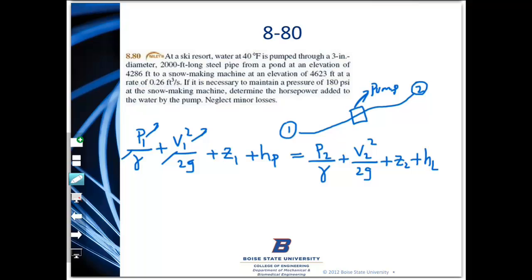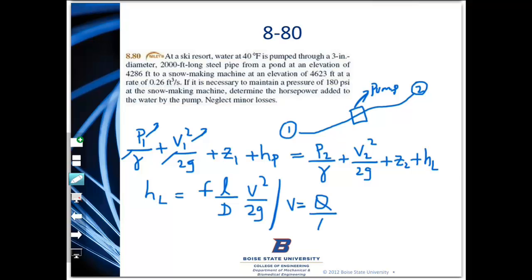So all we have to do essentially in this problem is first to calculate these head losses, which will be due to the major losses. Before that, we have to compute V, which is Q over A. And if you do the math here, this should be about 5.3 feet per second.